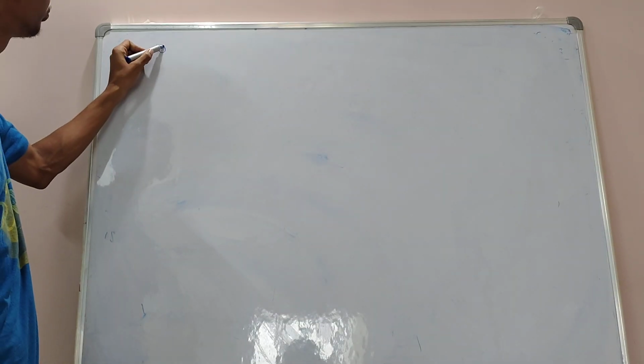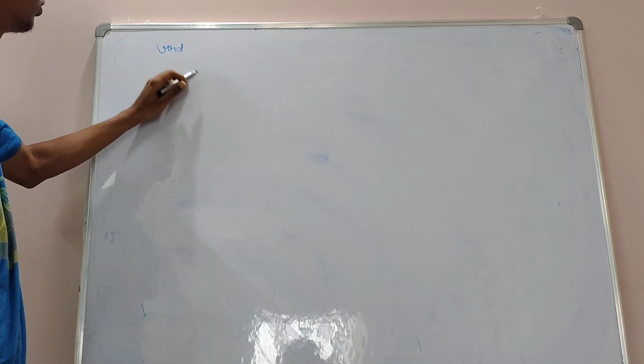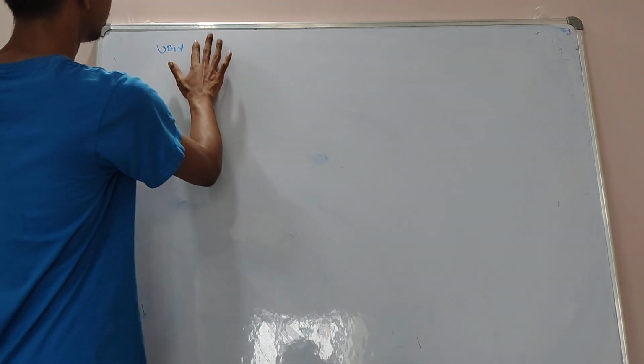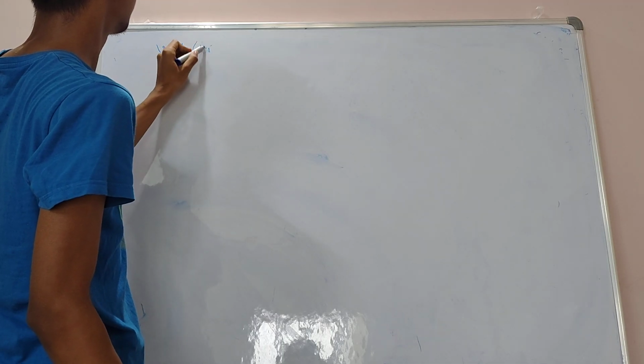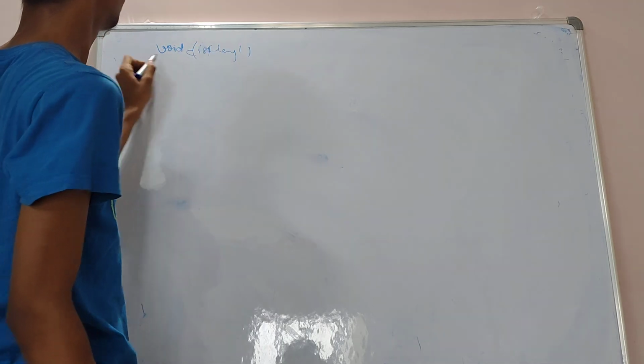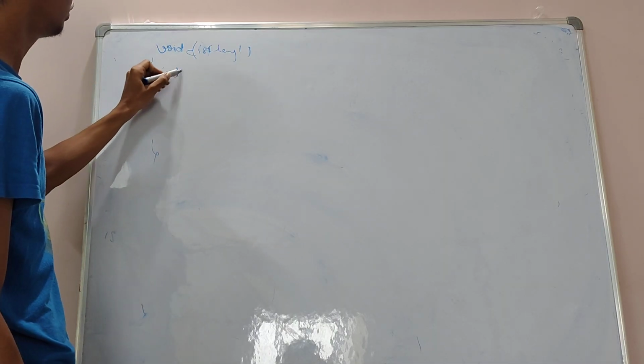So now if I want to display the data, I will define a function void display, and I will declare a variable int i.